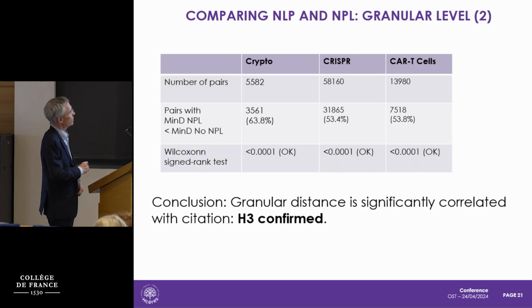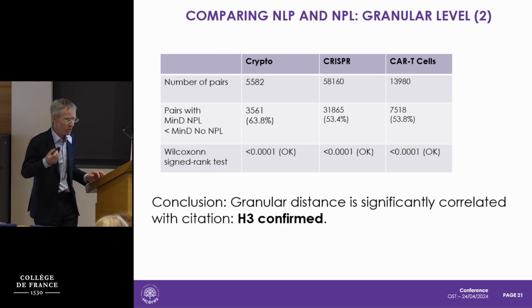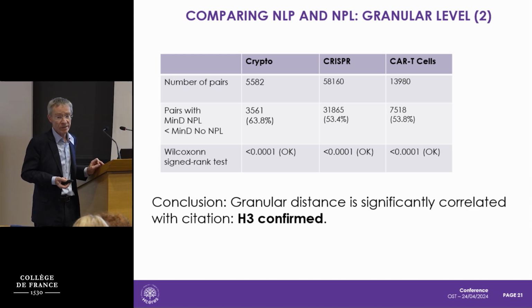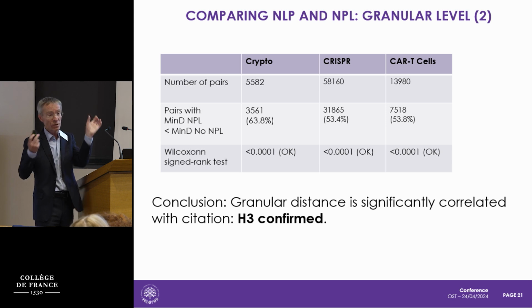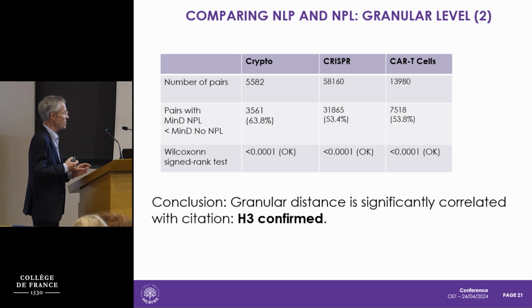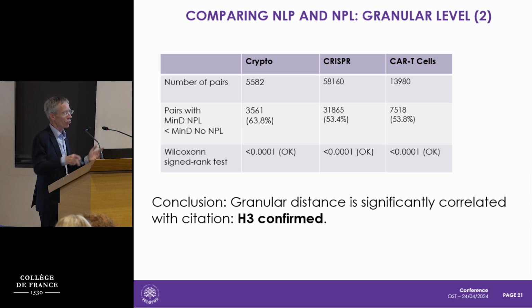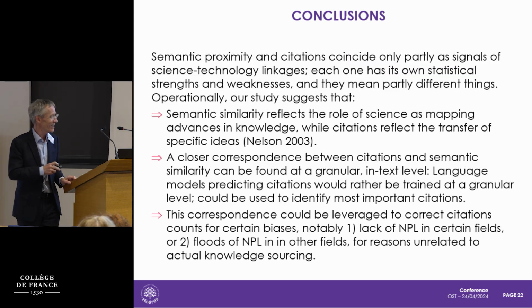And what we got is that this distance at a granular level is a much better predictor of the existence of a citation link than the semantic proximity at an aggregate level. So H3 is confirmed, and I'm here arriving at the last slide.